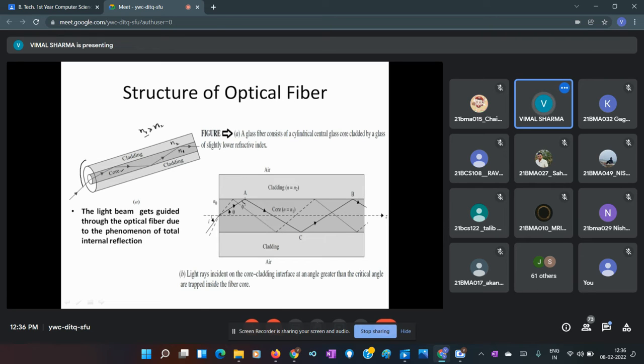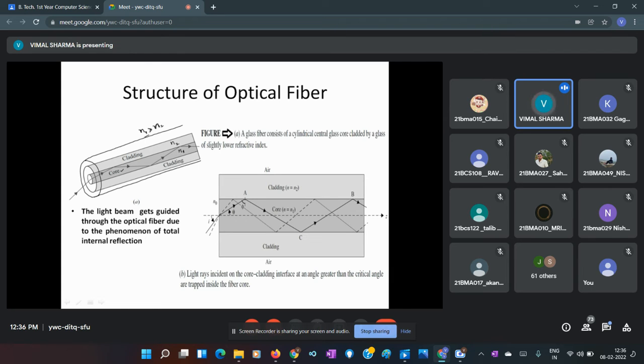We have another cylinder around this, made up of material which protects it from environmental effects, physical damages like scratches. This is called buffer, or this is called sheath.